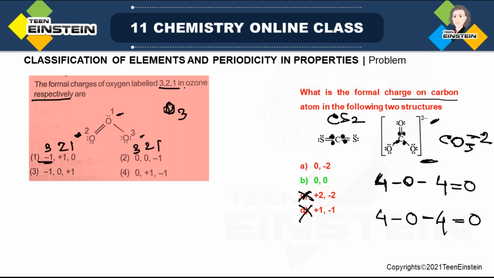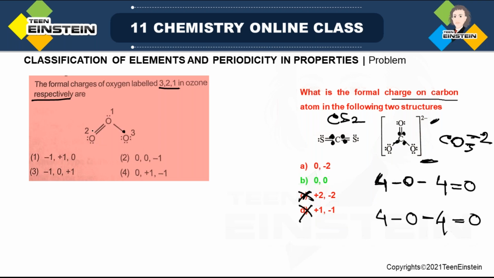So for oxygen number 3, only one bond. That means out of 6 valence electrons, oxygen is using only one electron here, right? So all these are non-bonding electrons, 1, 2, 3, that is 3 lone pairs you can see. Then if you look at oxygen number 2, here 2 bonds.